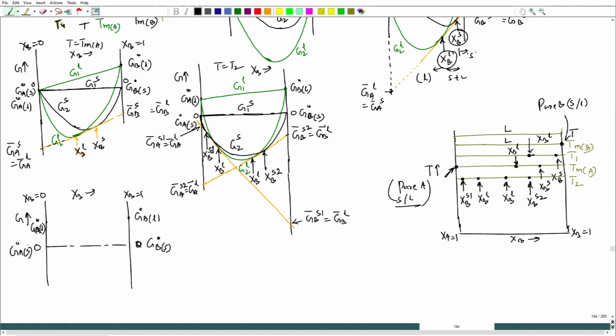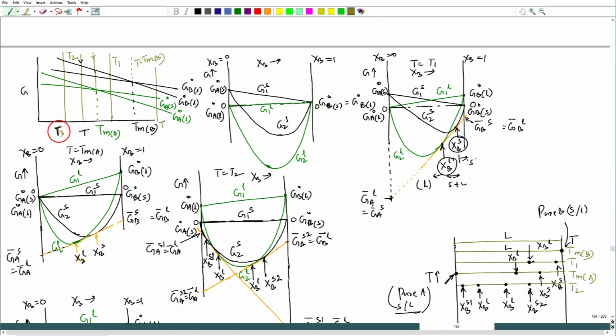Now, this is G1 solid, G2 solid, I can put this way, and we can have a situation like this. This is G1 of liquid. So I can have a typical situation like this.